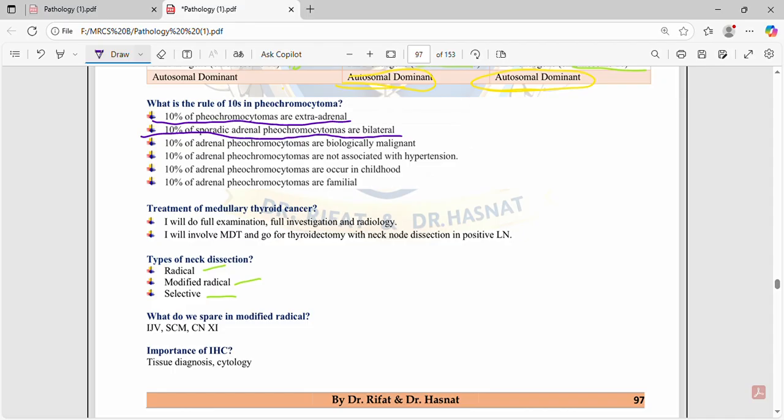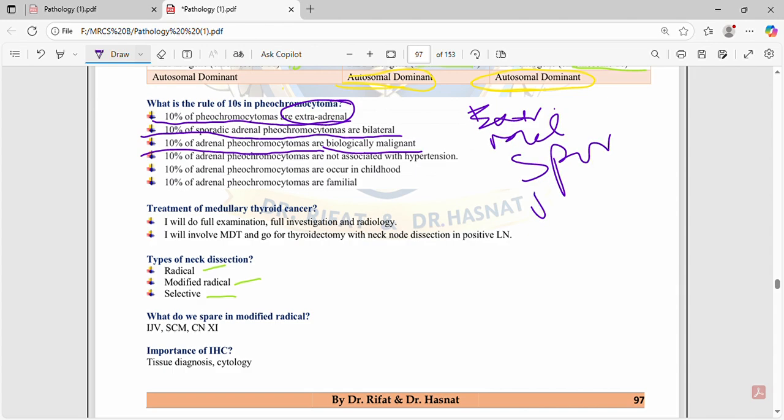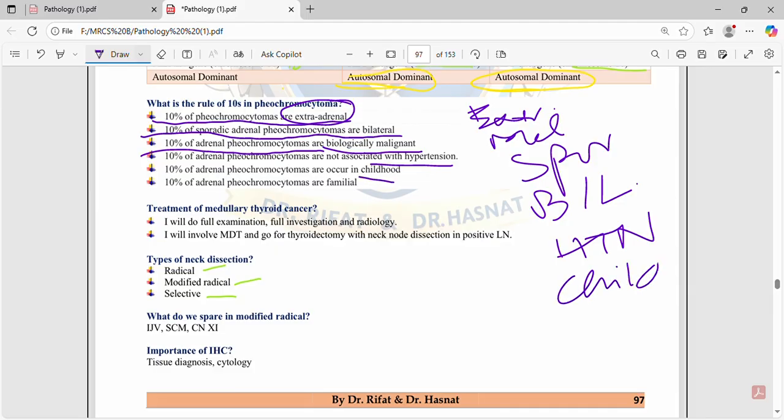We discussed familial cases like MEN, but this will not be familial. 10% are biologically malignant. 10% are associated with hypertension, 10% occur in childhood, and 10% are familial.